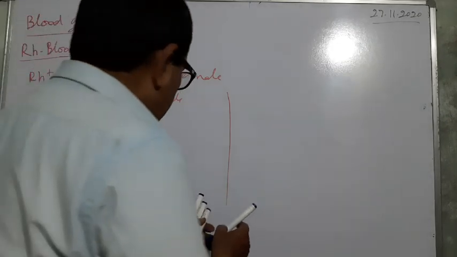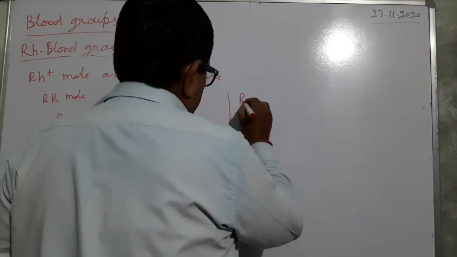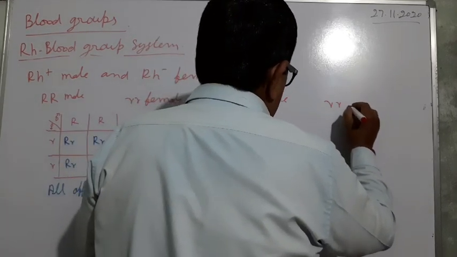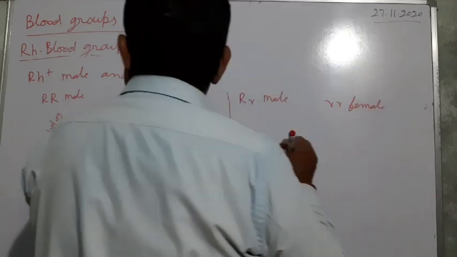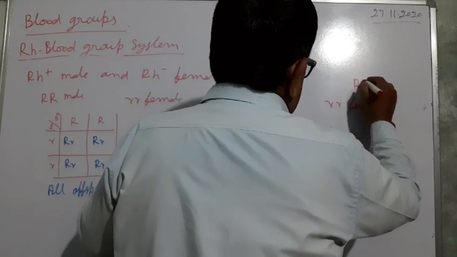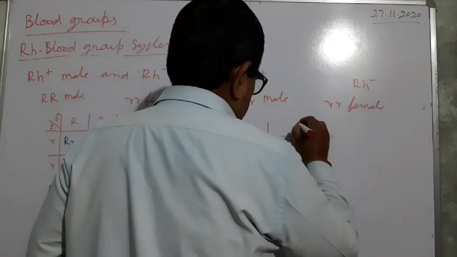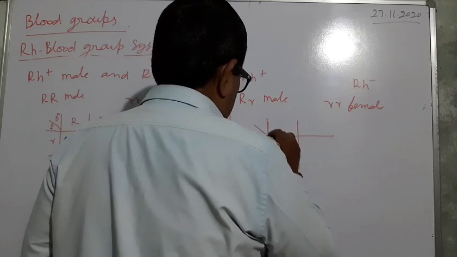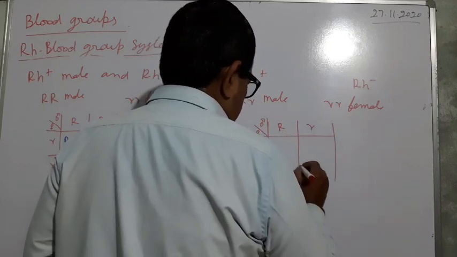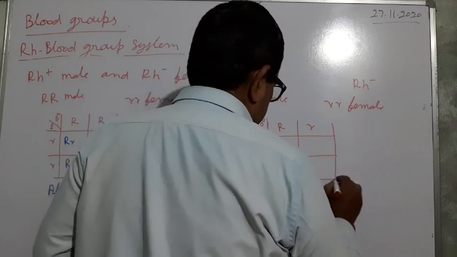In the heterozygous condition, the male has capital R and small r, and the female has small r small r, RH negative. The male gametes are R and r, and the female is normal, RH negative.